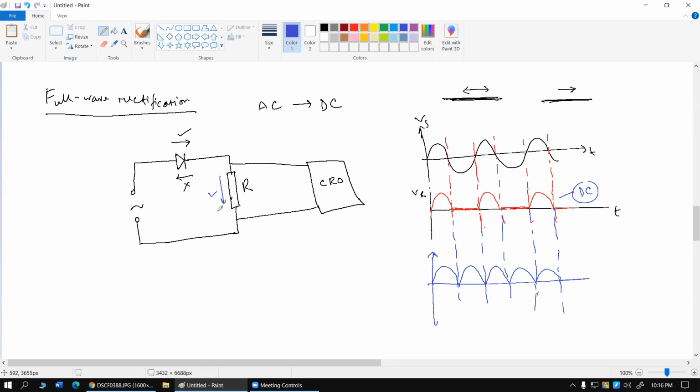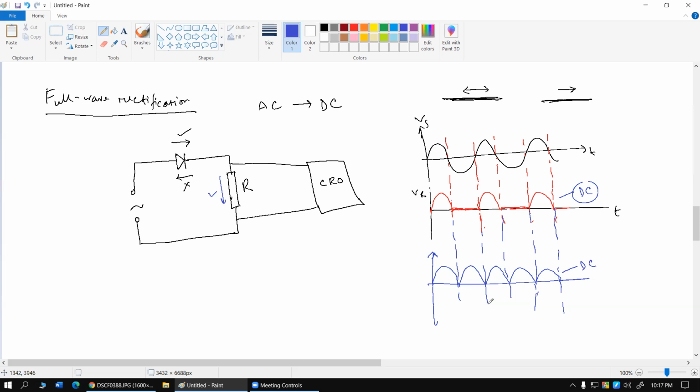But current is never flowing in the opposite direction. So if current is flowing, it is flowing in one direction. When it is not flowing, it is perfectly 0. So this is actually a DC supply. We have some intermittent gaps, but it's still DC. And this one is also a DC supply because current is not changing or reversing direction.